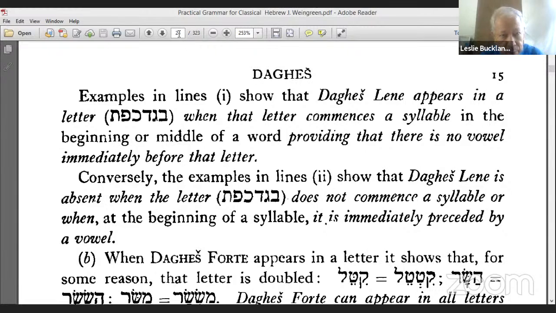Now I'm dealing with the numbering at the top of the screen, which is the numbering that Adobe Reader gives to the Hebrew grammar. Let me see if I can move the videos somewhere else. All right, so this is Dagesh, and let me just go up to the right page.